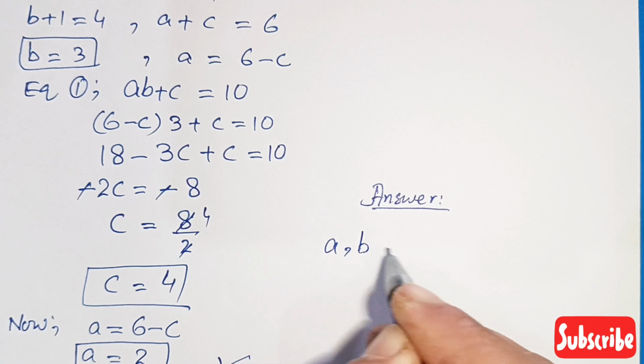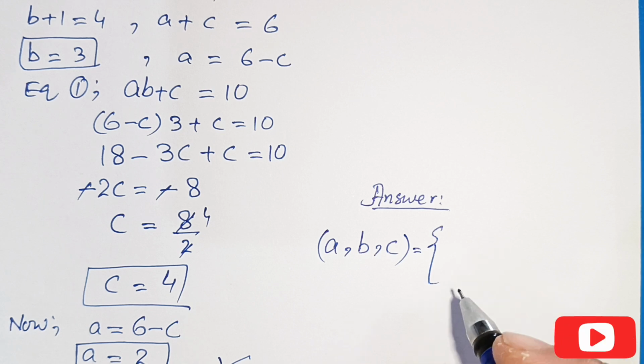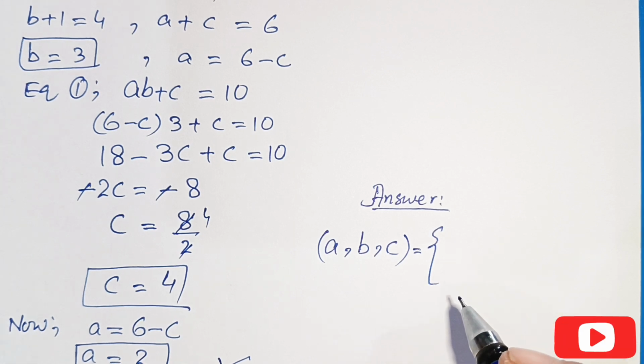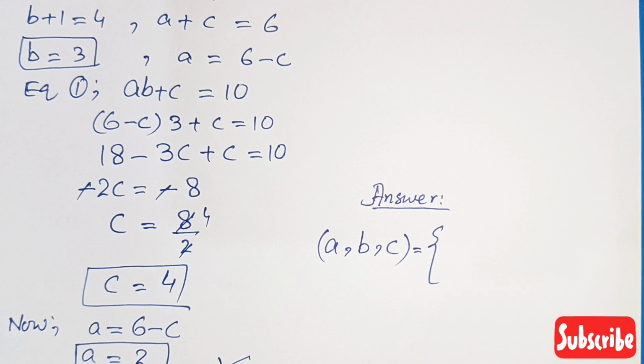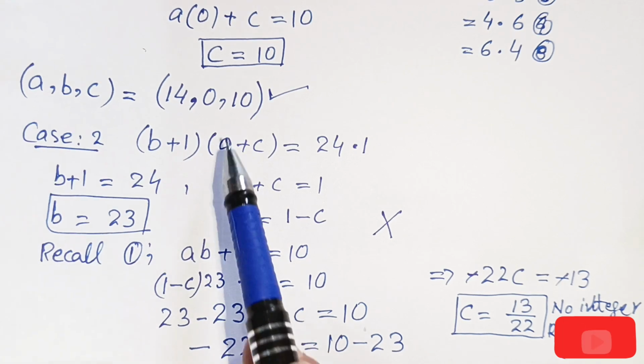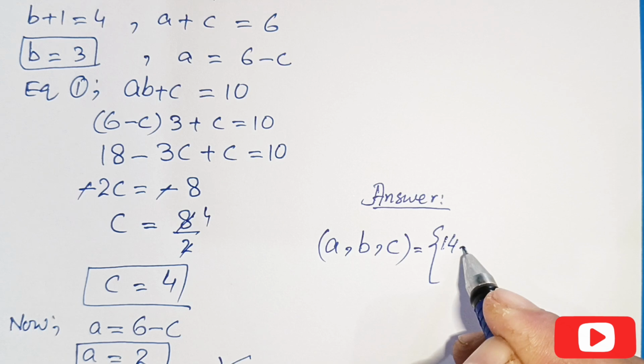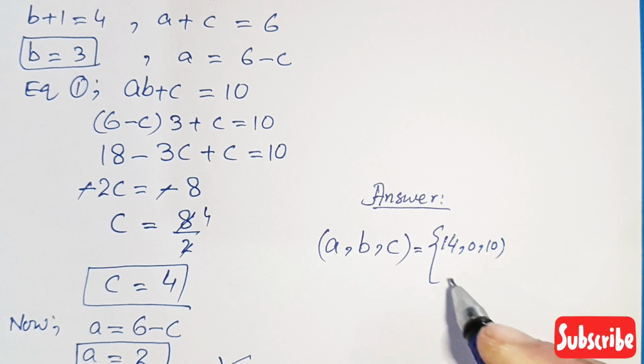So hence if we just write our final answer here, a, b and c is equal to, here we have our first pair of values, from case number 1, which is 14, 0 and 10.